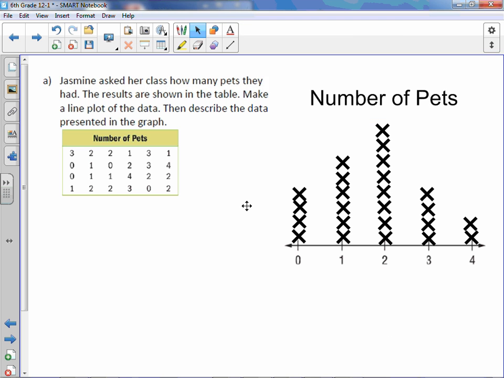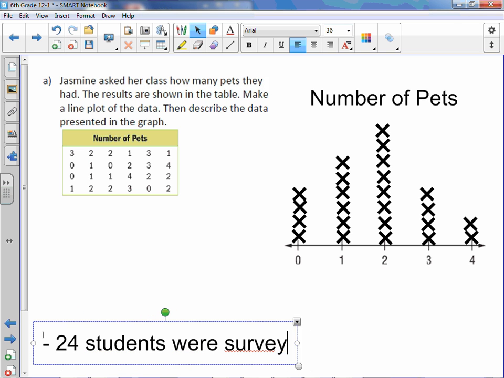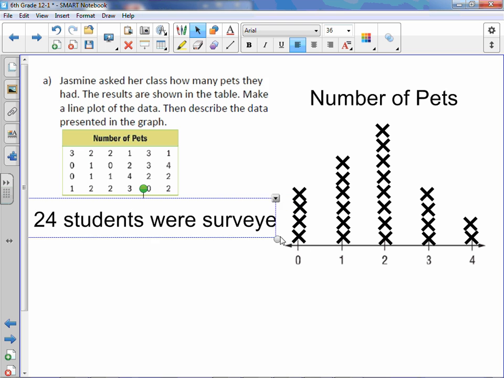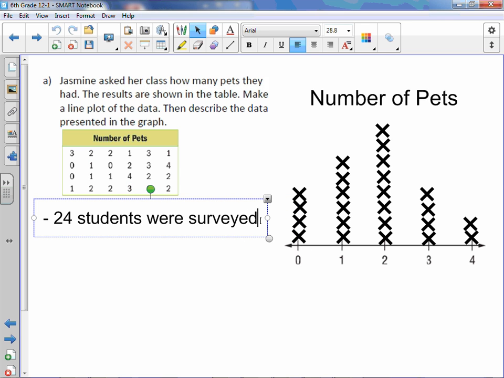Okay. Now all that's left to do is describe the data. First of all, let's write that there are 24 students surveyed. So 24 students were surveyed. Okay. The next thing we can say, if we take a look at your maximum and minimum values.